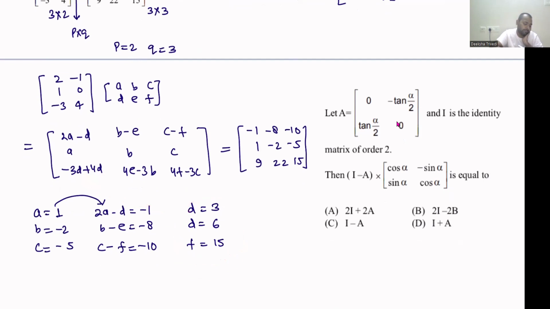Correct? Now -3, -12, then E is 6, that is 24, and plus B is -2. See, is that satisfying or not?